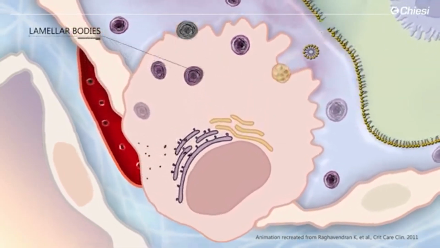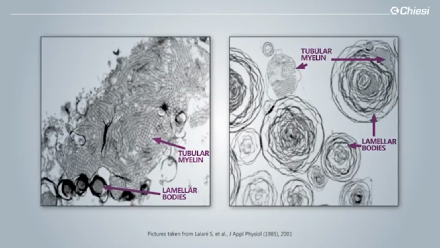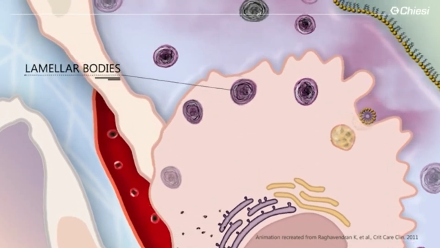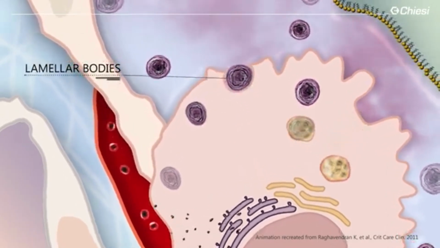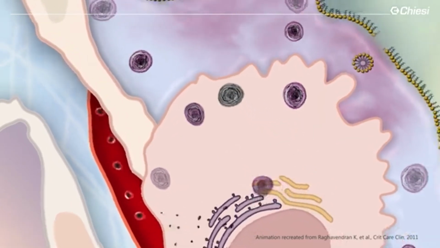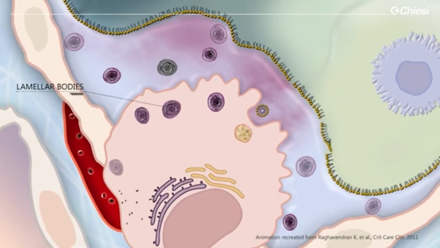So these lamellar bodies that you may see in this other picture contain phospholipids, and once they are created, they approach the cell membrane. And over there, they are just secreted into the alveolar space. So you can understand that the number of lamellar bodies is something that will tell you something about the amount of available surfactant.